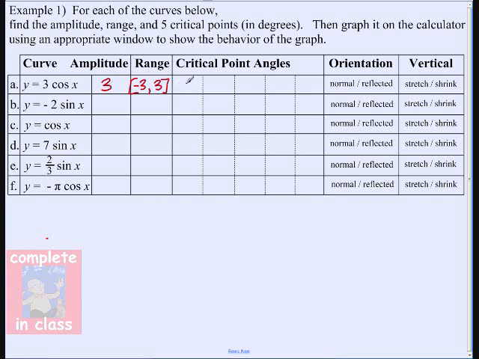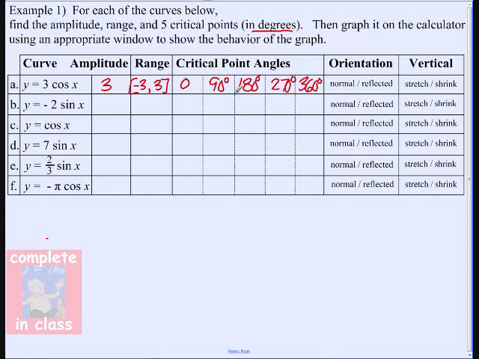It starts at 0, and we're going to do these in degrees, and it ends at 360, because we know the full cycle is 2 pi, or 360 degrees. The midpoint is going to be at 180 degrees, and halfway between these, 90 and 270.